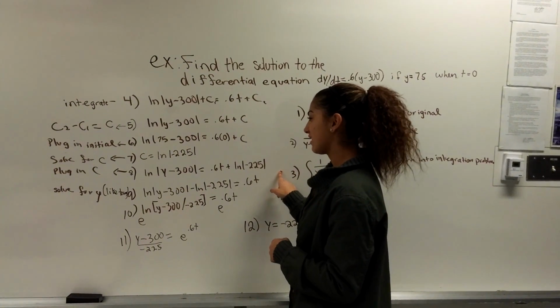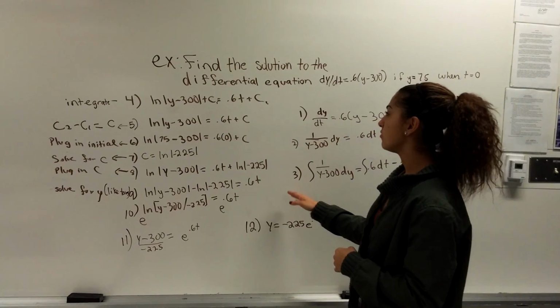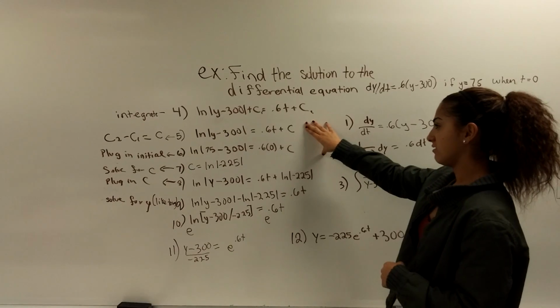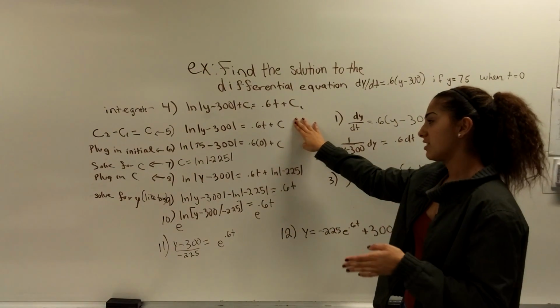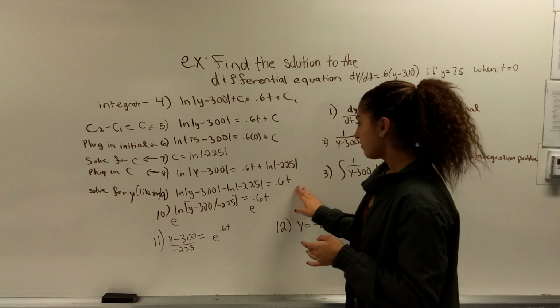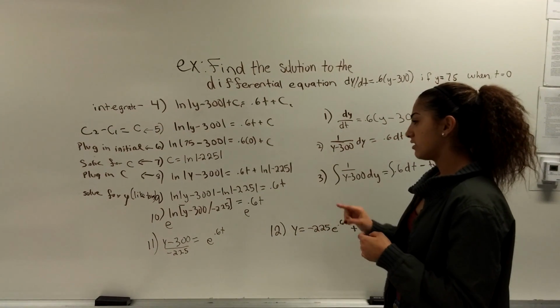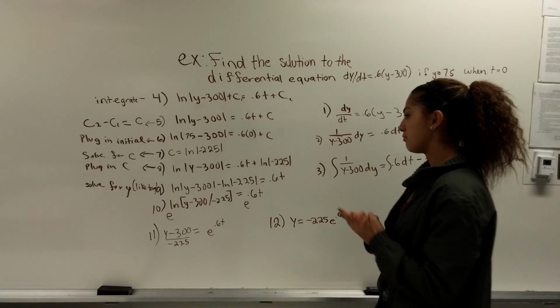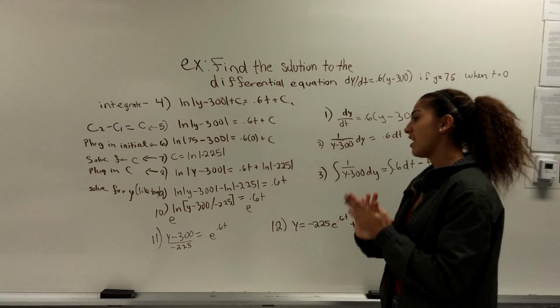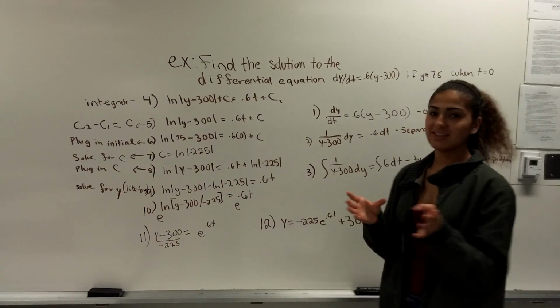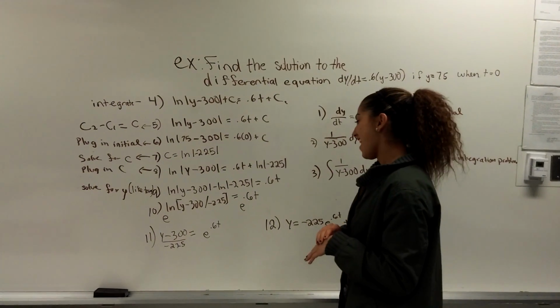For step 8, we're going to plug c into the equation that we got from integrating and separating our constants. For step 9, we are solving for y by putting like terms on one side of the equation and the other like terms on the other side.